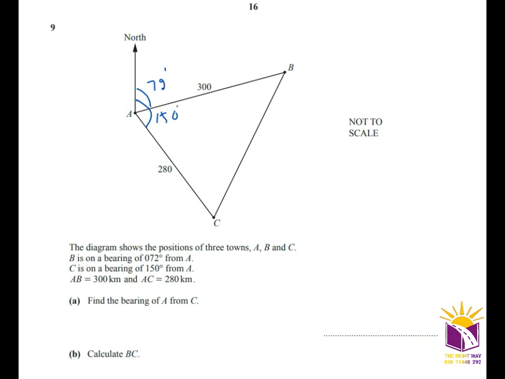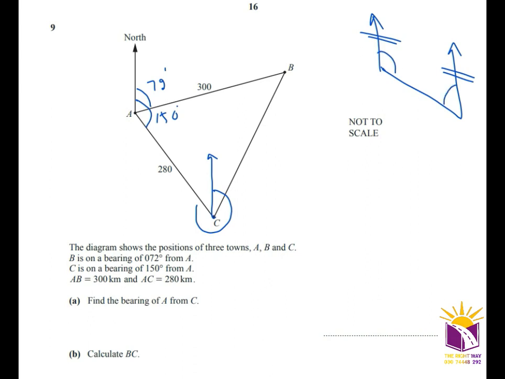A from C. So you are going to draw the north at C, and the bearing of A from C will be equal to this angle. But I know that when there are two parallel lines and a line crossing them like this one, the sum of the angles will be equal to 180.